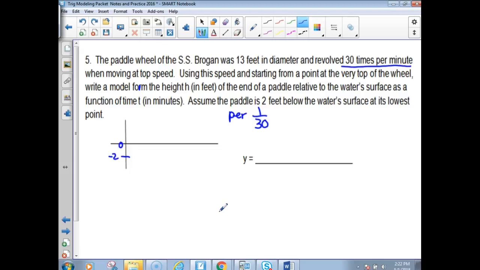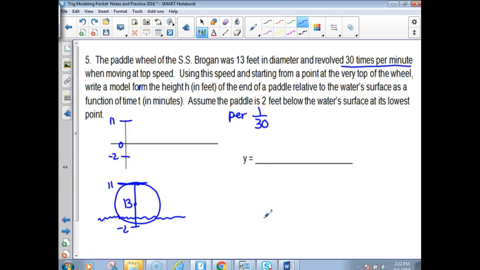Now, it said that the wheel had a diameter of 13 feet. I'll draw a little picture. Here's the water line, right? It's going below there. That's -2. So if that's 13, where are we getting to max out at? 11. Okay, so we'll just stick 11 up here. We got a minimum at -2, a max at 11.